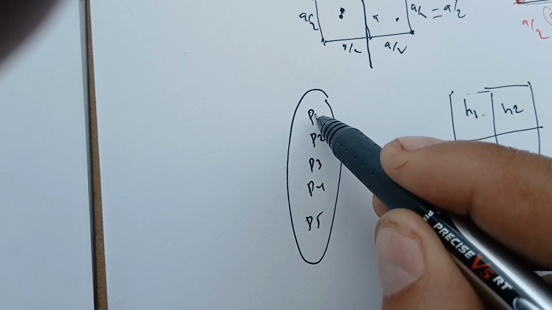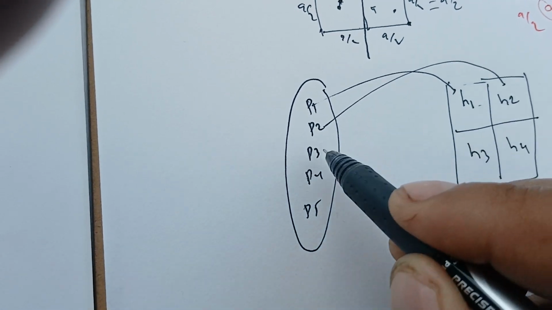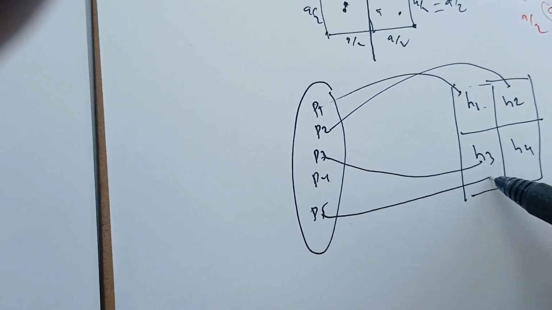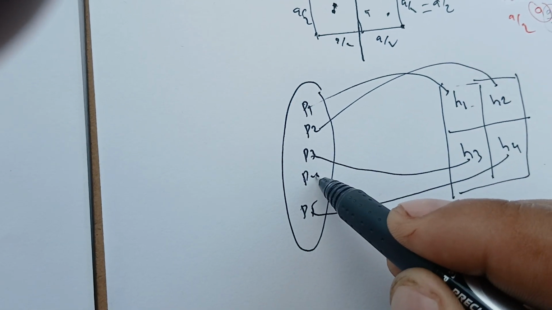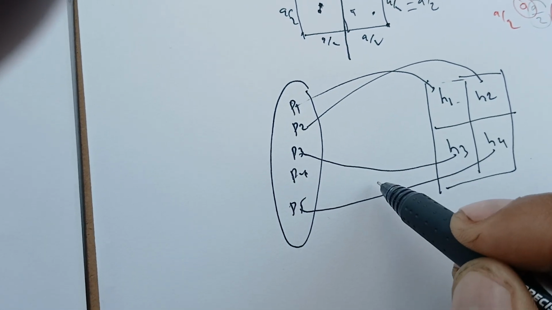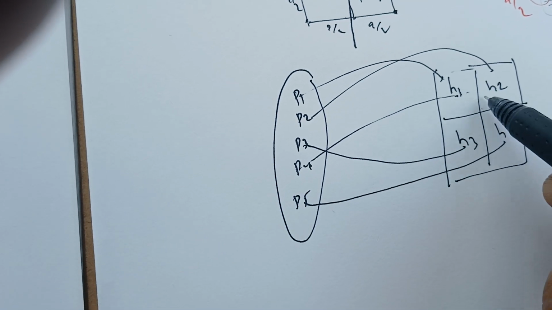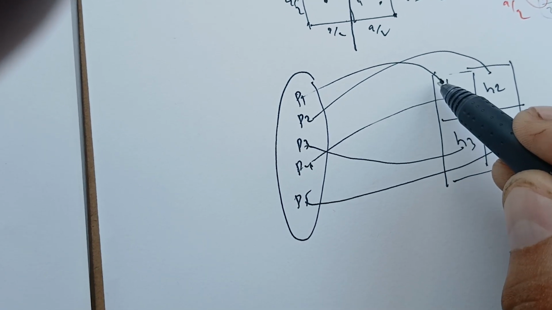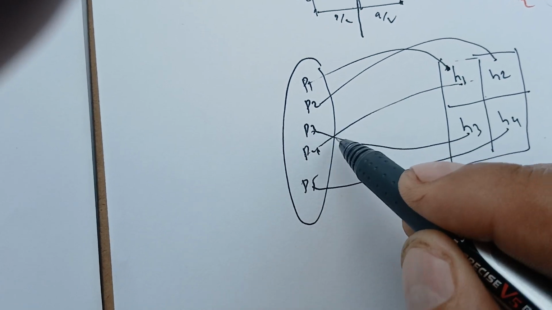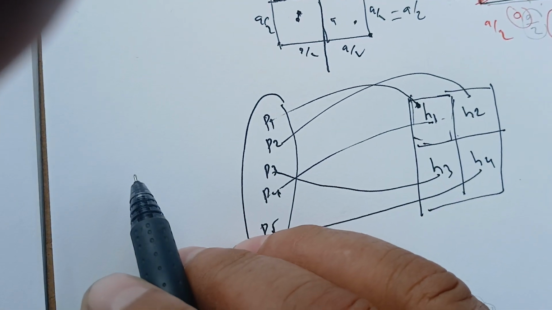If I pick one, I can put it in this square, this one, this one, this one here. The 5th one I can put in some other one. So everywhere I put it in one of these 4 squares, the distance between P1 and P4 is always less than A over 2.